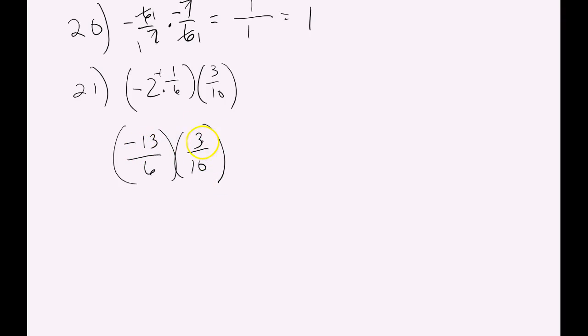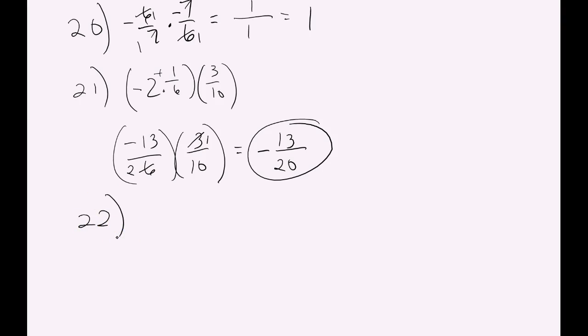Now, it's a negative times a positive, so since one of them's negative, the answer is negative. And now I can just focus on the numbers. Is there anything that goes into 13 and 10? No, but 3 and 6, 3 goes into. Now, 3 goes into itself once, and 3 goes into this one twice. Top times top is 13, because it's just 13 times 1. Bottom times bottom is 2 times 10, which is 20. So that would be your final answer.